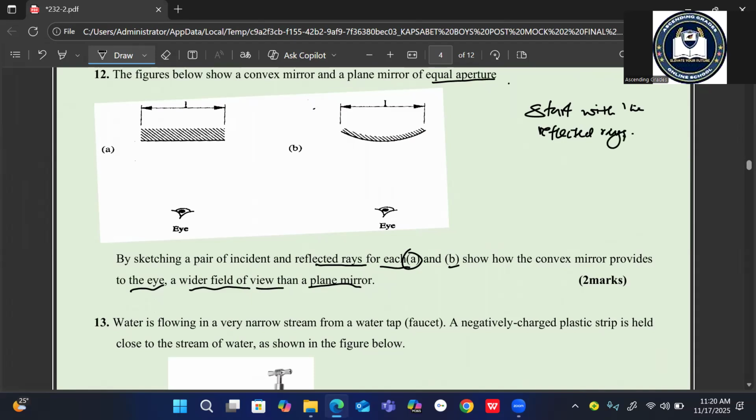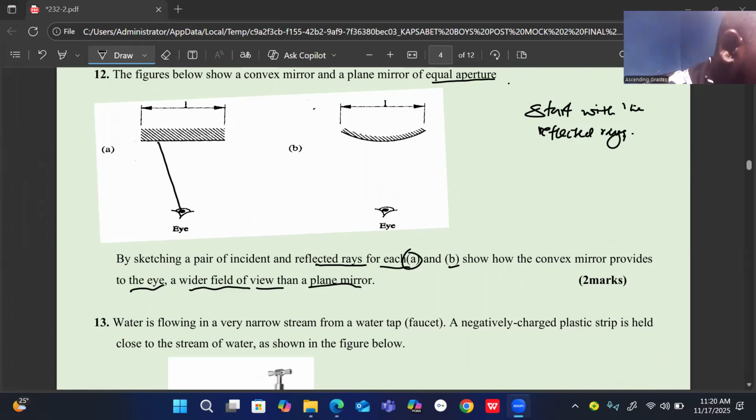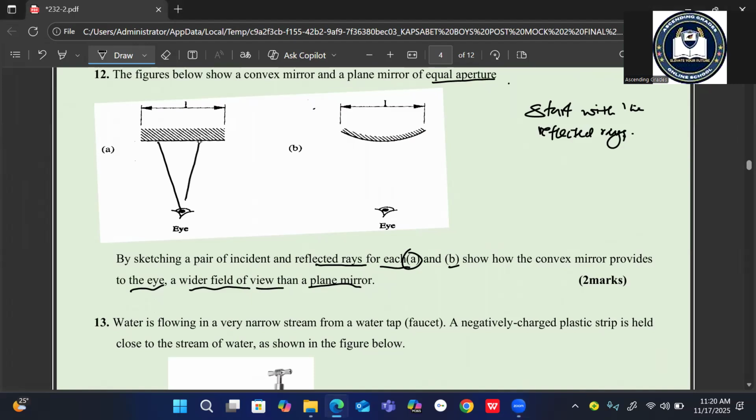Therefore, if you start with the plane mirror, then we can give some reflected rays like this. So these are the reflected rays.